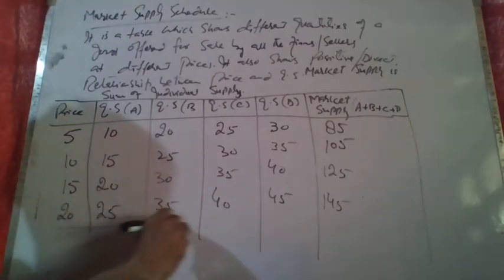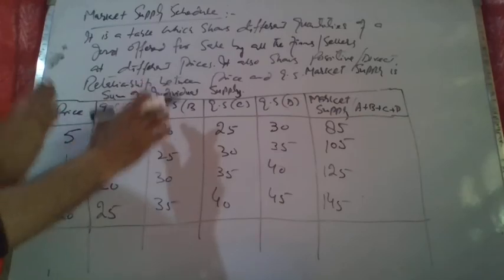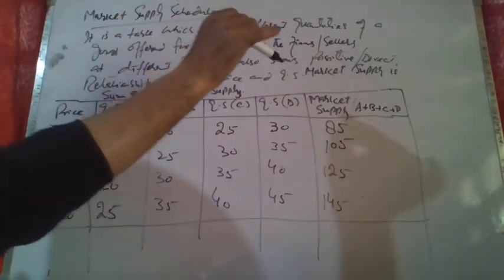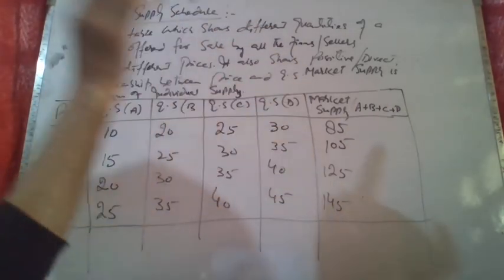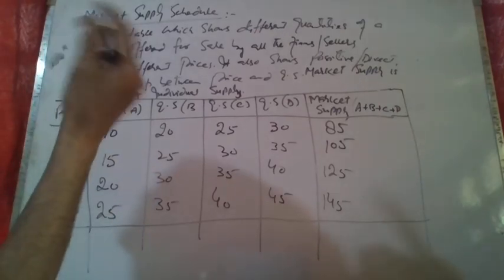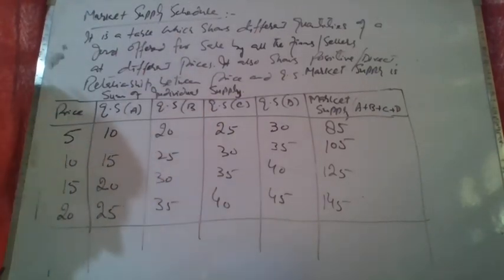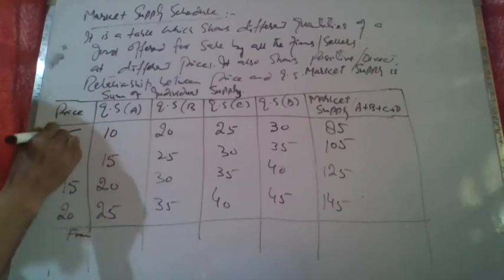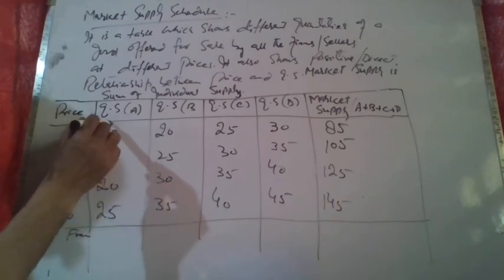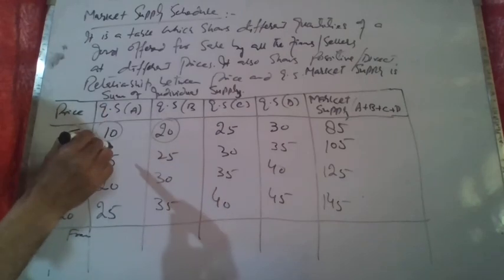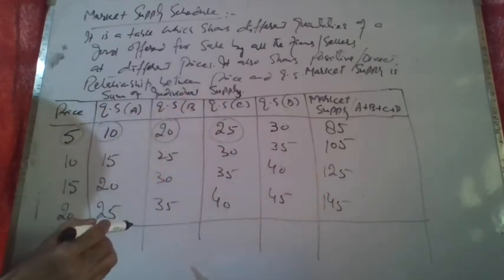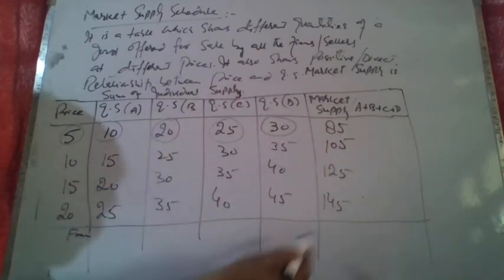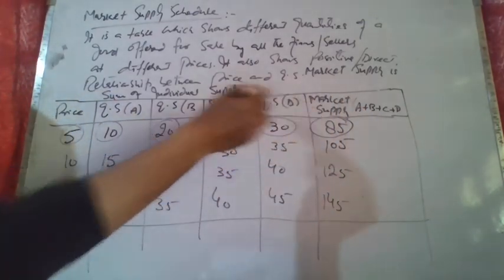So this is the market supply schedule. Market supply schedule is a table which shows different quantities of a good offered for sale, or ready for sale, willing and able to sell at different prices by all the firms in the market. We can write this from the above table. When price is 5, quantity supplied by firm A is 10, by firm B is 20, by C is 25, and by D is 30, and the market supply becomes the sum of individual supply, that is 85.